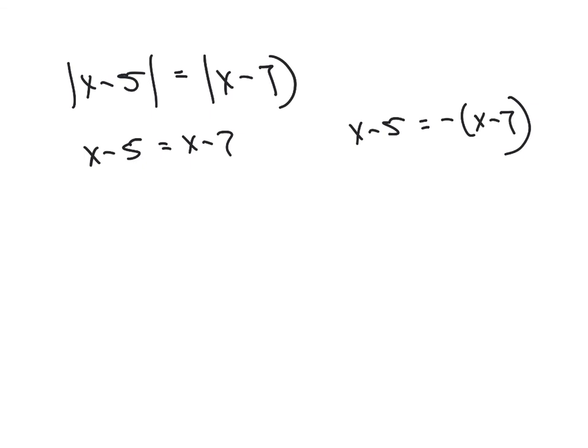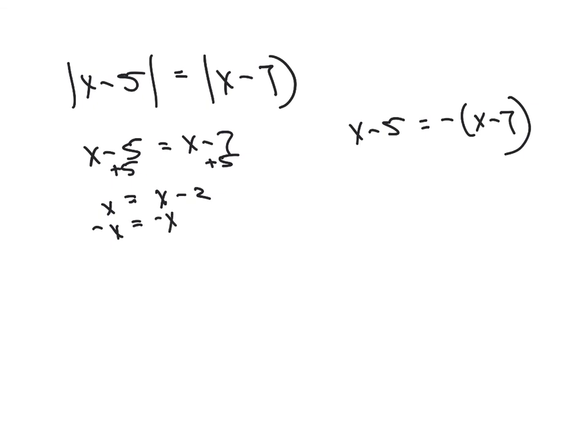So we do this one, and we find out that we add 5, we get x minus 2. We subtract x from both sides.